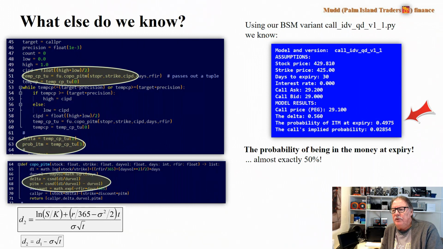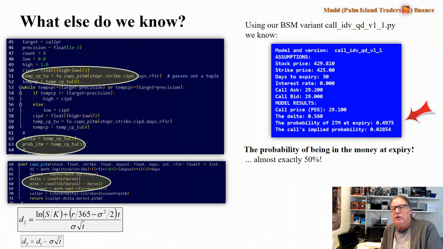That model allows us to calculate the probability of being in the money at expiry, which was almost exactly 50%, as you can see there where the red arrow is pointing. If we look over to the program and ask ourselves, how did we do that?